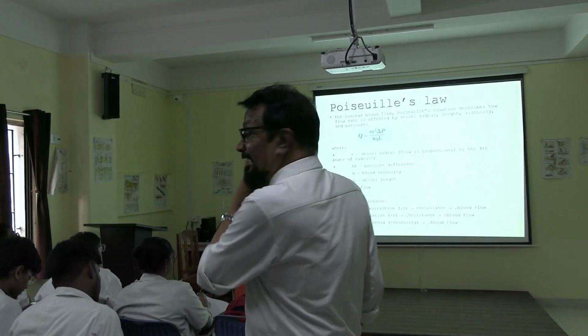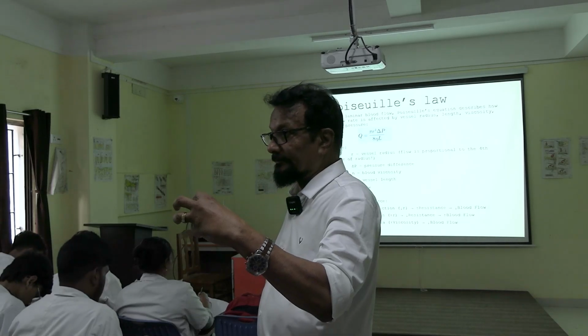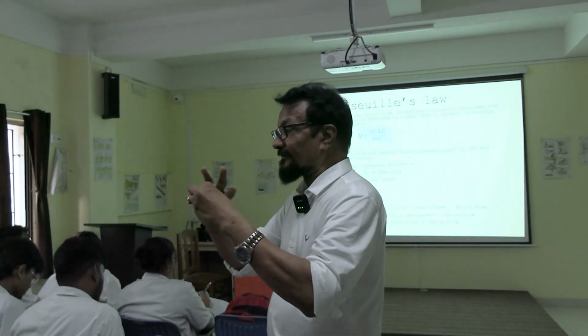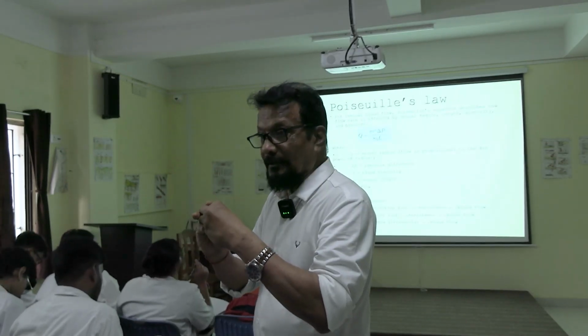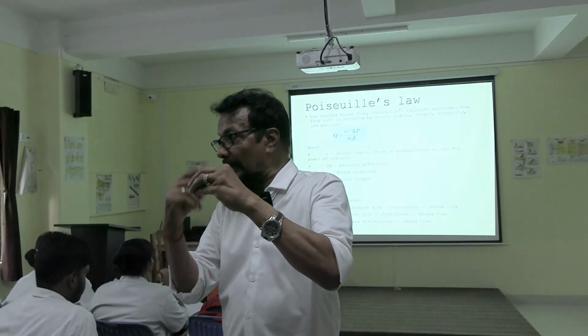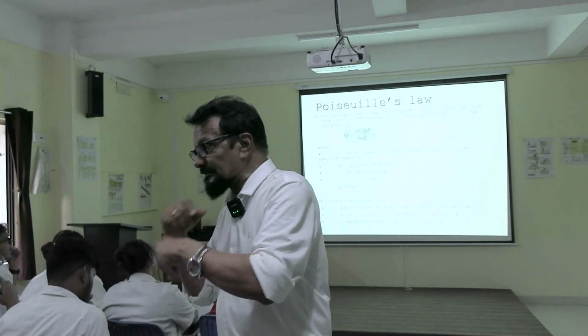Flow of blood means Q. And with this Q, what are the other factors that are affecting Q, that is flow of blood? One of them is the radius of the vessel.